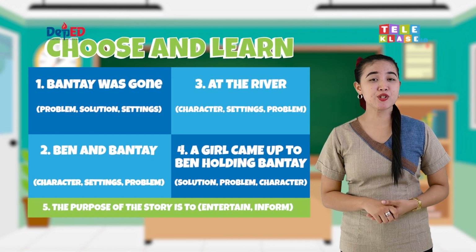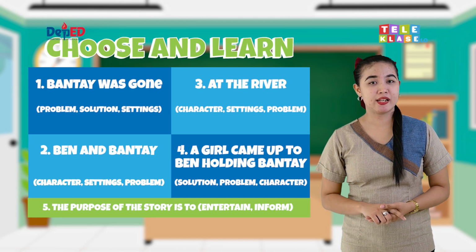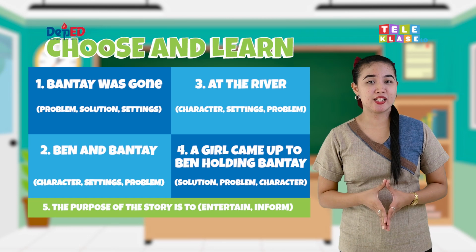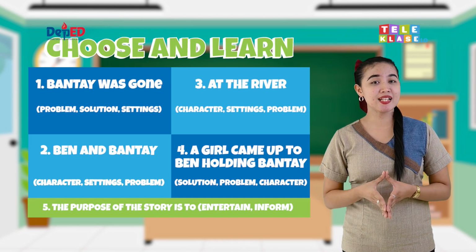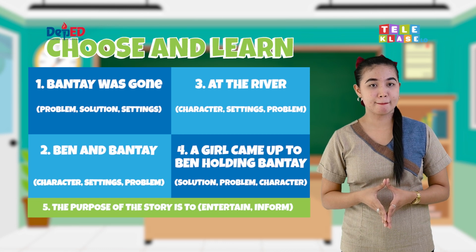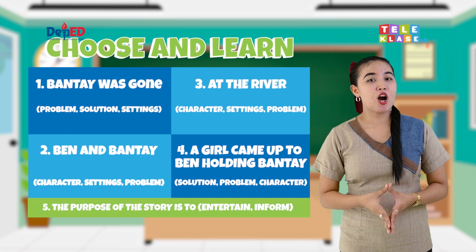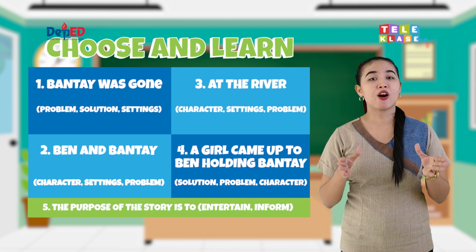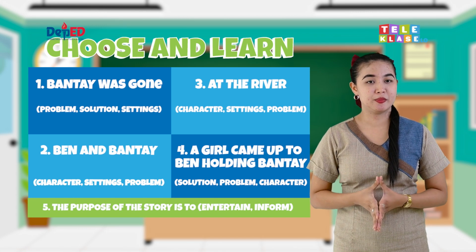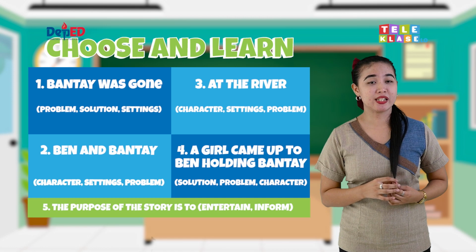Now, let us try to answer this activity. Number 1. Bantay was gone. Is it a problem, solution, or setting? Number 2. Are Ben and Bantay character, setting, or problem? Number 3.